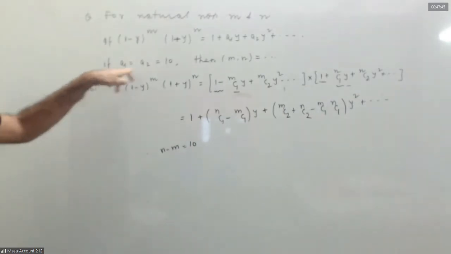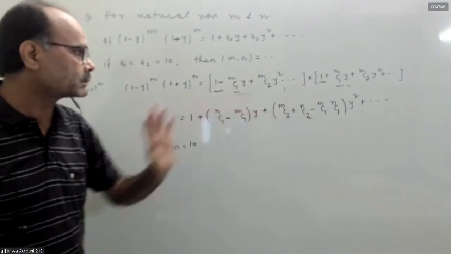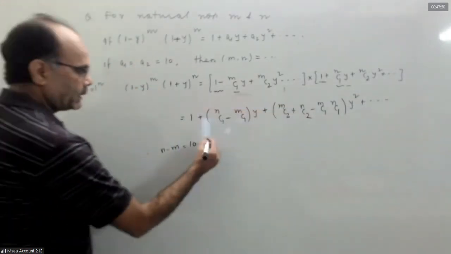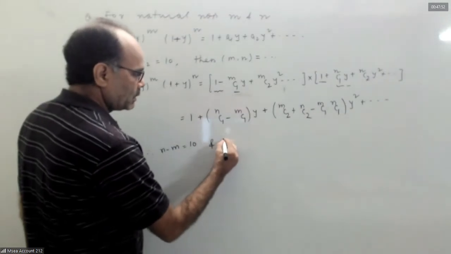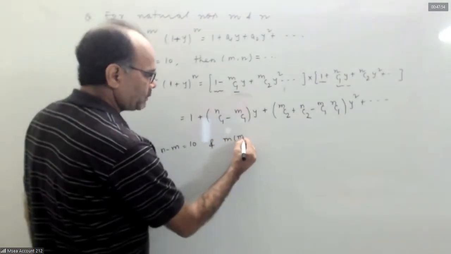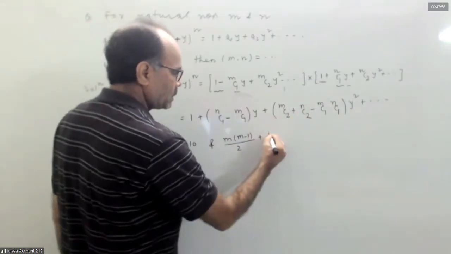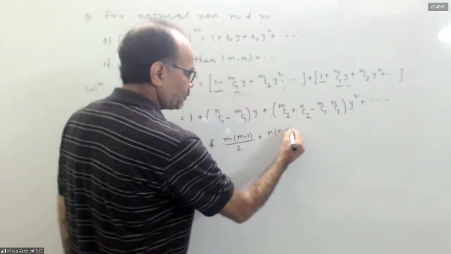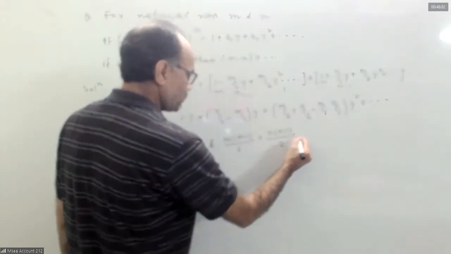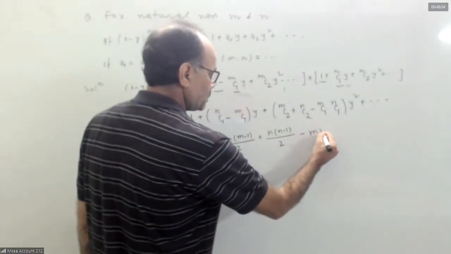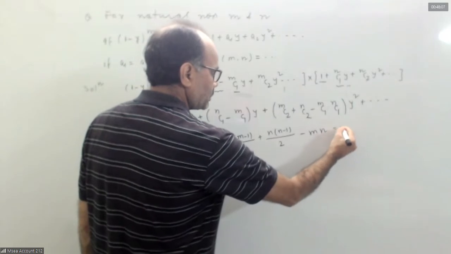This is a1. Now this one: m into m minus 1 by 2 plus n into n minus 1 by 2 minus mn equal to 10.